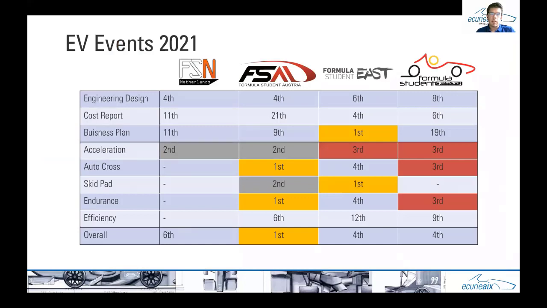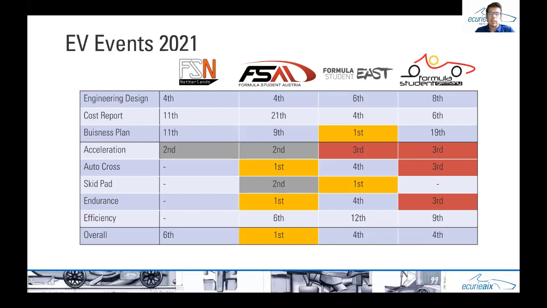Here are the results from the summer from the EV car. It was a really successful one for our team because we won, for the first time in club history, a competition overall, the Formula Student Austria. And we were also always close to the podium on almost all the others.